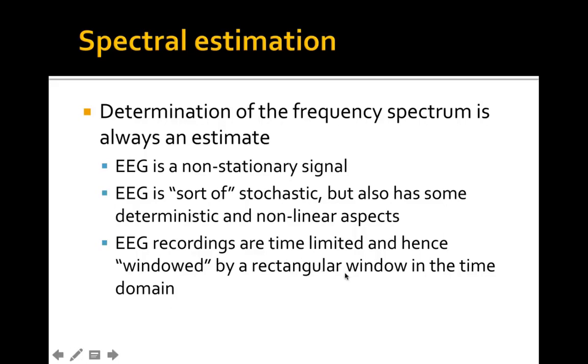MATLAB, along with some other signal processing toolboxes, will by default automatically take this rectangular window and smooth the edges when they do the Fourier transform. So they usually use a different window shape unless you tell them not to.